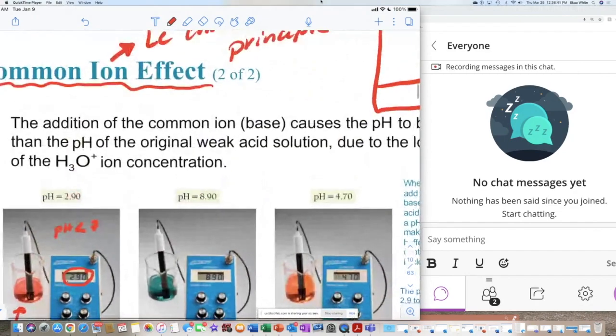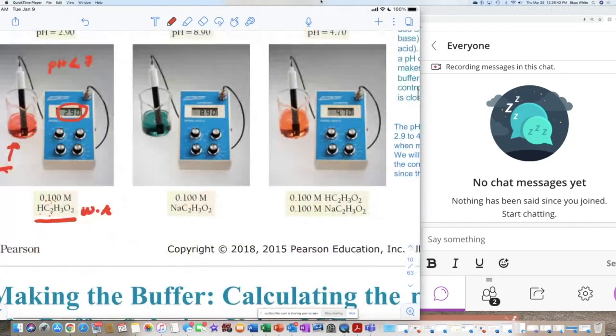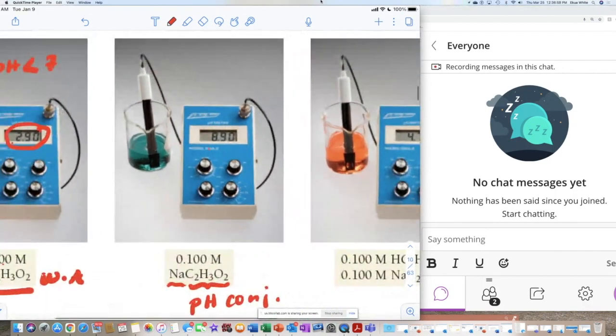And then here we have the pH of the conjugate base before you mix them up. You bought it in the store, so it has sodium in it, but remember our focus is this part here, the pH of the conjugate base. The conjugate base, because it's basic, its pH is bigger than 7.